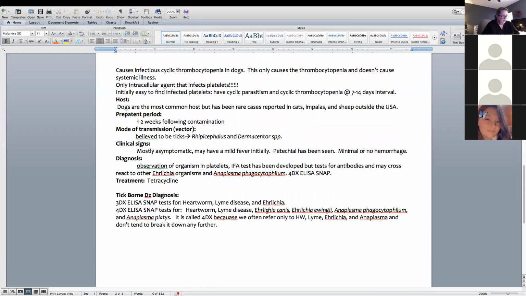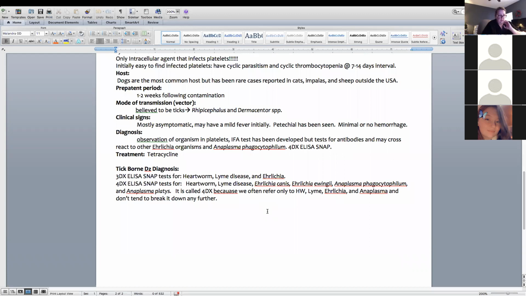The IDEXX 3DX test, if I go down at the bottom of this handout, there's an IDEXX 3DX and a 4DX. So 3DX is going to give you heartworm, Lyme, Ehrlichia. So if you suspect any of those diseases, it'll test for all three. The 4DX will do heartworm, Lyme, Ehrlichia, and the anaplasma.